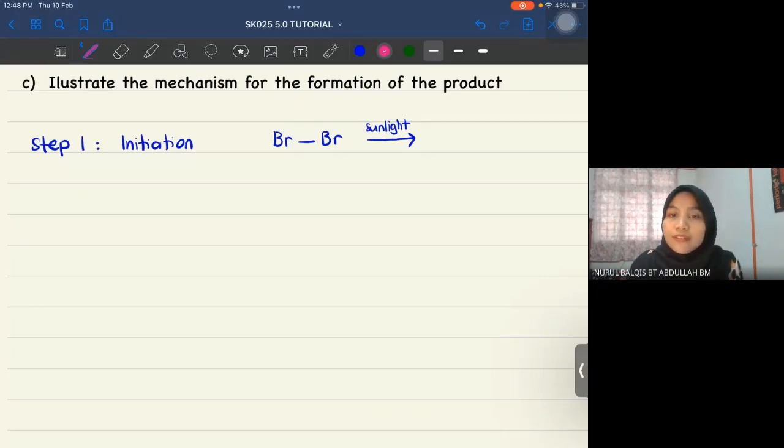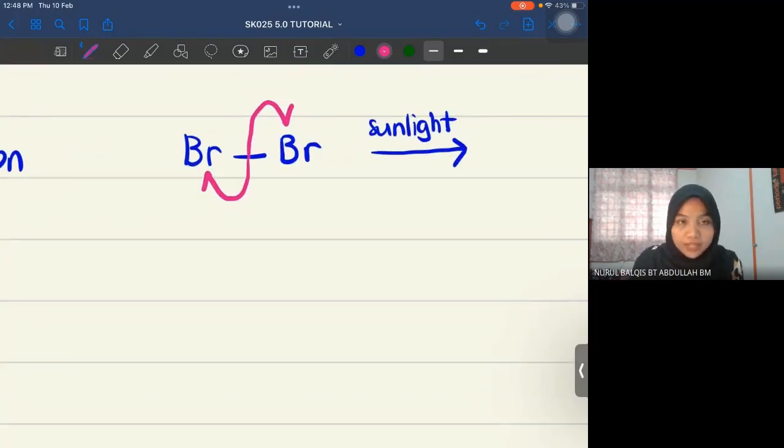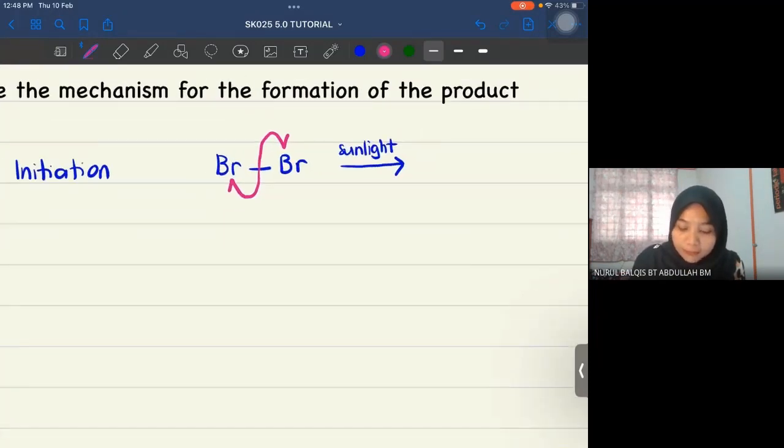The type of cleavage involved is homolytic cleavage. They will break symmetrically with 1 unpaired electron each. So we show it using a half-headed arrow. Make sure we touch this bond. Once we break them symmetrically, we get 2 equal parts of Br radical.